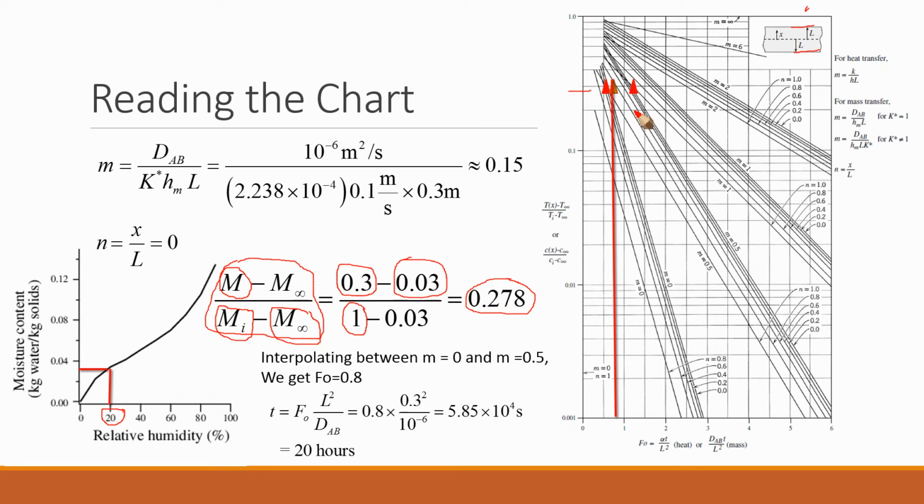Now we need to read the chart, except that for the m value that we got, there is no line corresponding to m equals 0.15. So what we would do is interpolate between m equals 0 and m equals 0.5, with n equals 0.